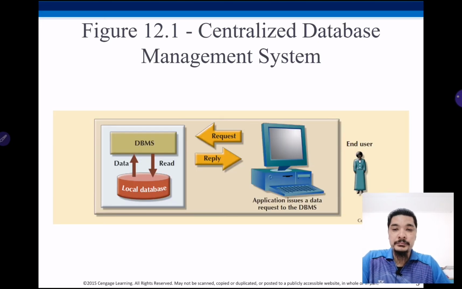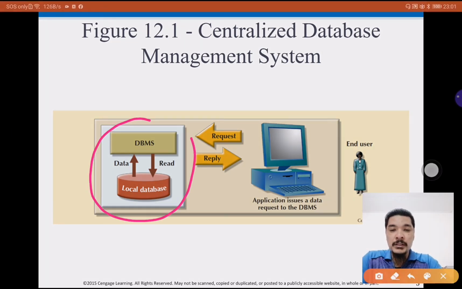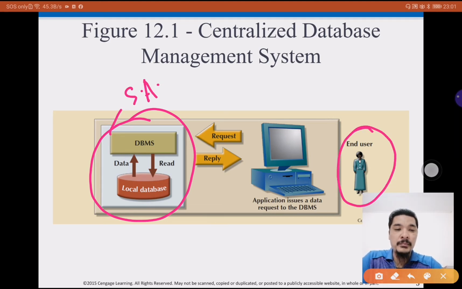Okay, this is the example of centralized database management system, like I mentioned earlier. You just imagine that this is our database in Shah Alam, and imagine this is the user. So who is the user? Let's say for example, we are the user.